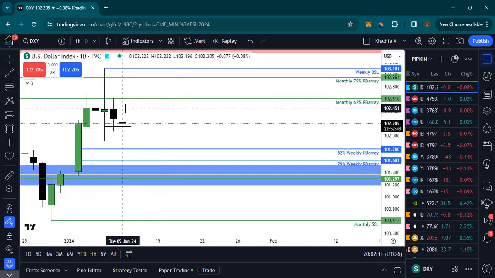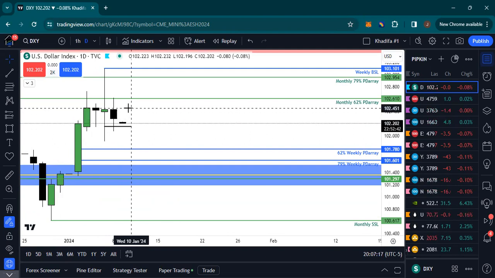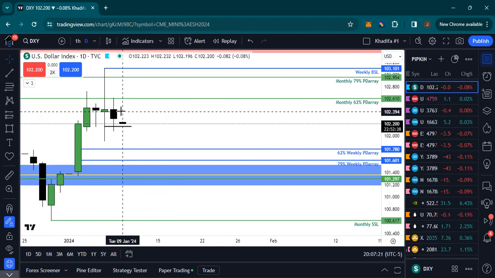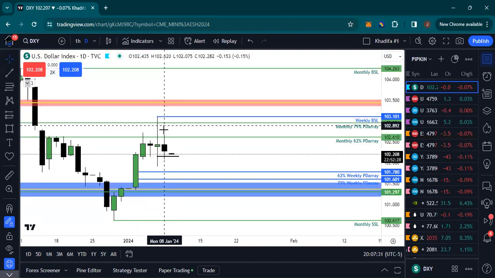The dollar didn't give us a big drop, but we did close down, and overall price was bearish for the dollar today.